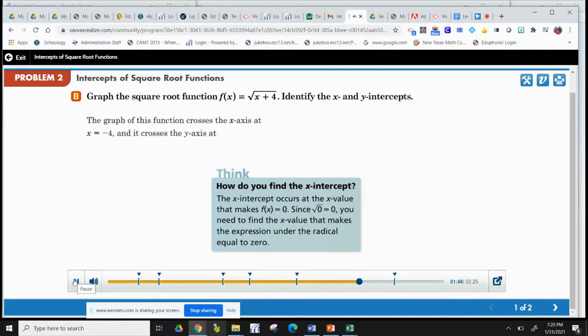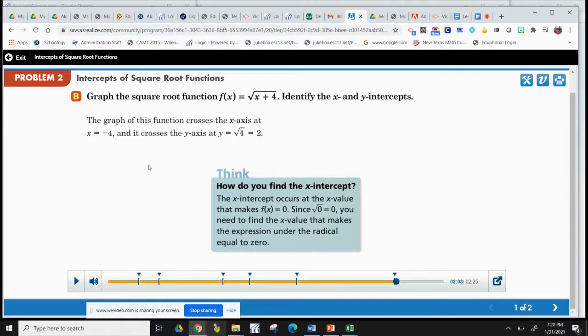It crosses the y-axis when x equals 0. Y equals 2. Or you could graph that and you could see the x-intercept and the y-intercept also. So there are two ways you can find intercepts.